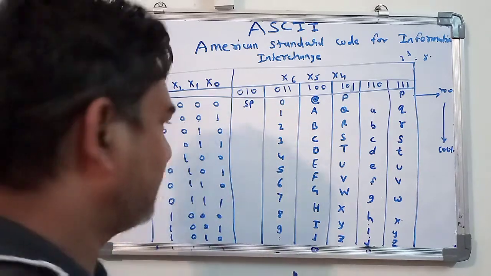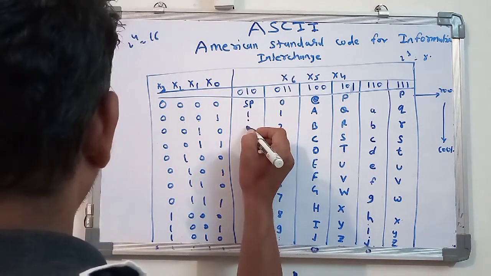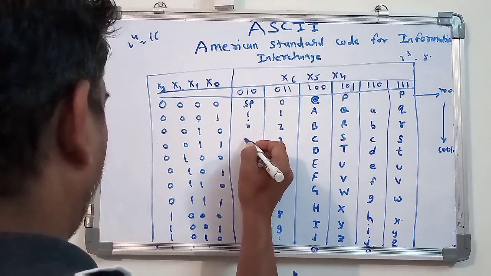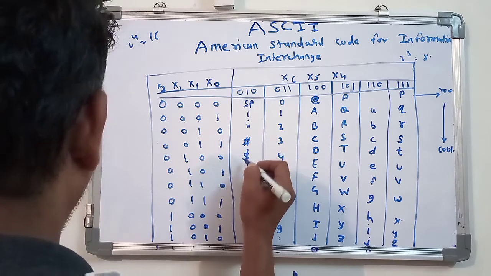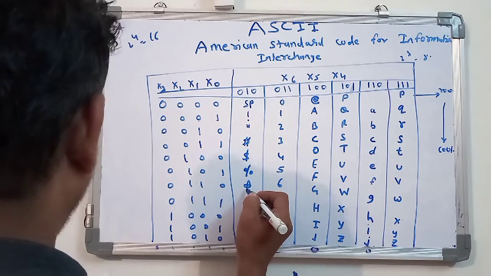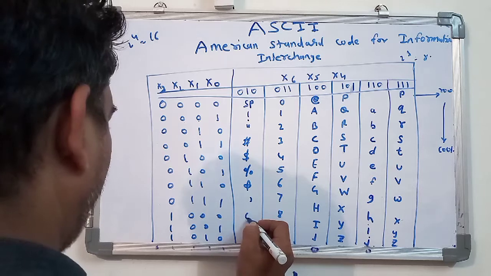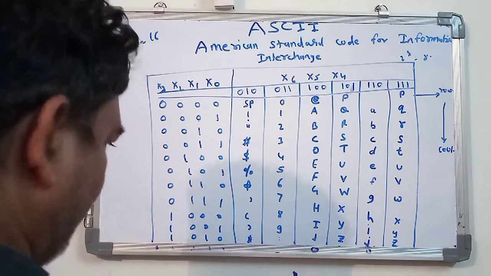Okay, the SP, then you will get the exclamation mark, semicolon, apostrophe, hash, then a dollar symbol, then the percentage, then the ampersand sign, the single quotation mark, the opening bracket, the closing bracket, the star mark, and so on.